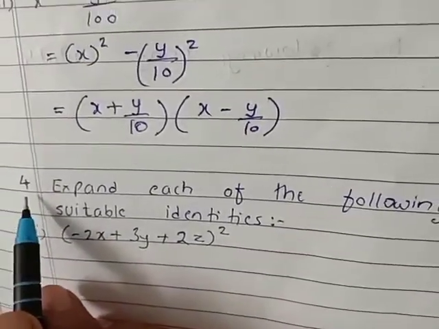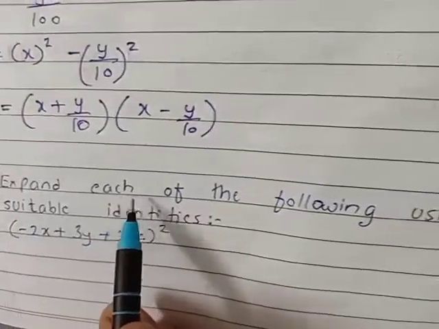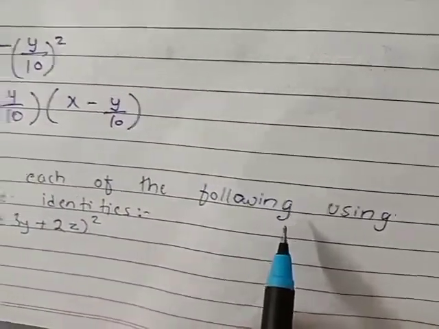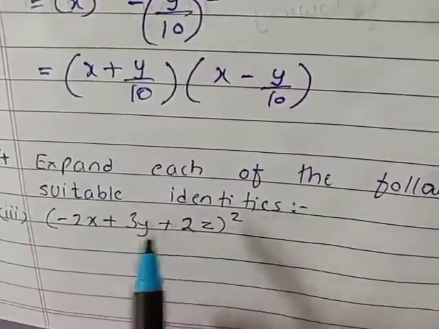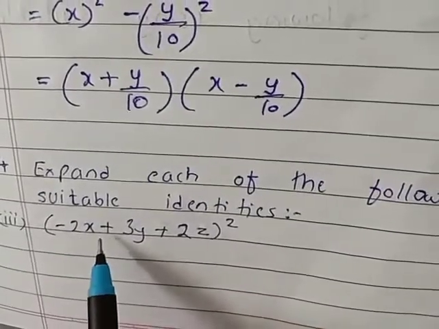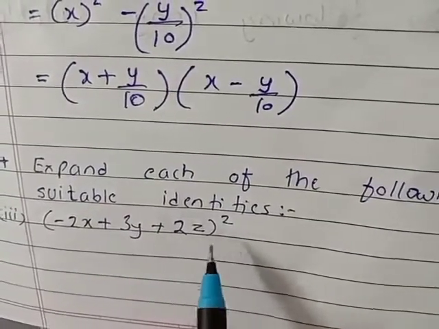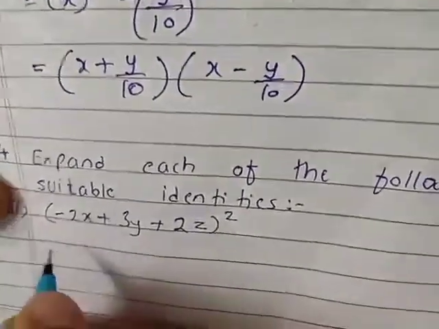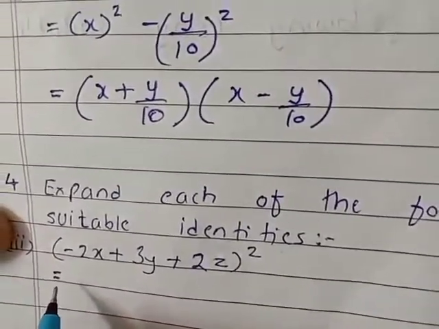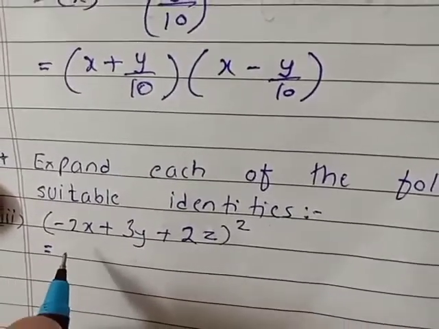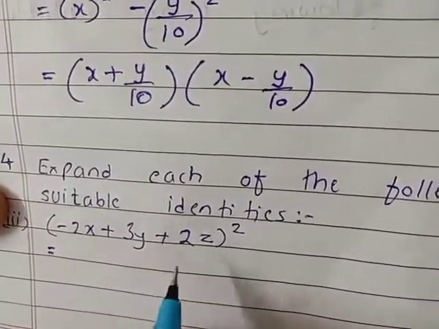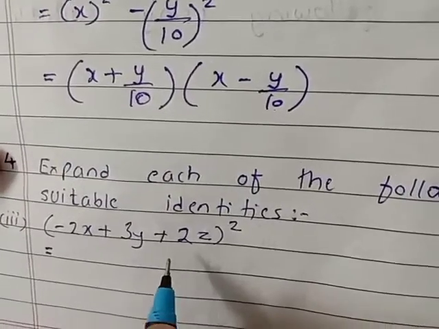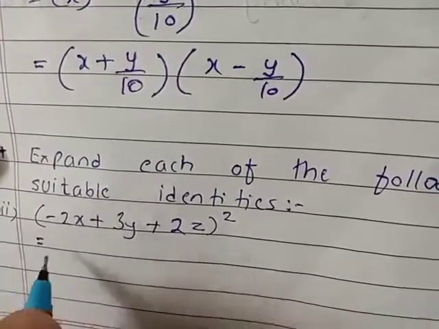Now let's solve the fourth exercise. Expand each of the following using suitable identities: minus 2x plus 3y plus 2z square. Now this is looking like which identity? This is looking like the identity a plus b plus c the whole square. So now what is a?